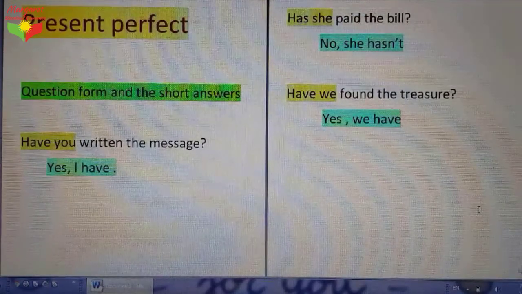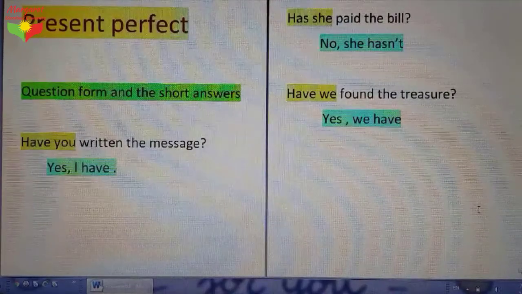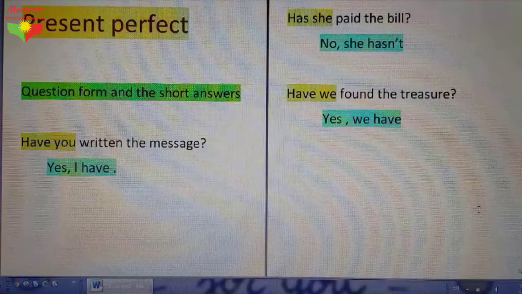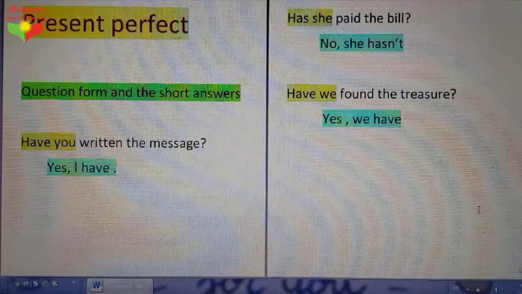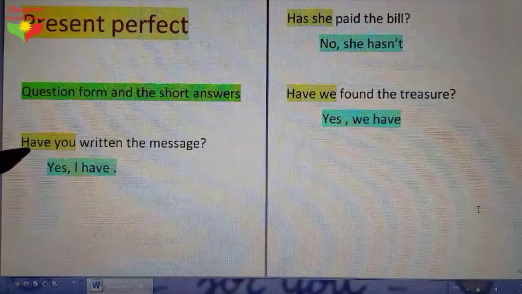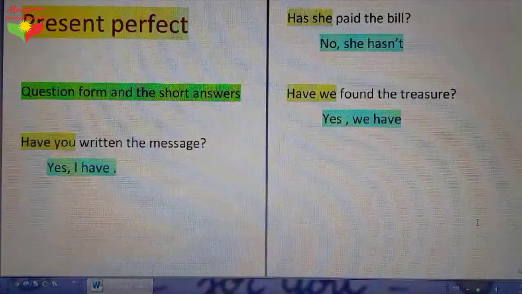So it will be have you written the message. Written is the past participle form of the verb, not the base form, like in the past simple. So you have written the message.